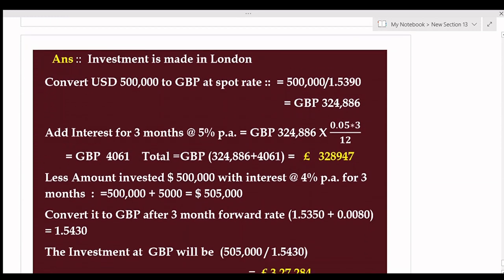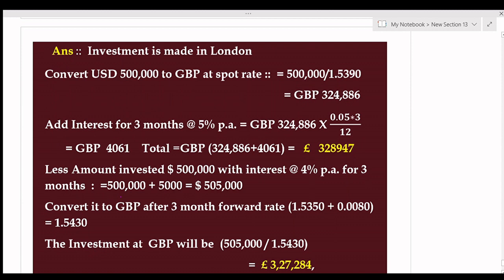Now, investment made in London. The fund is $5 lakh, so it will be converted to GBP. Here the rate is given as GBP USD, so it is an indirect quote, and it will be converted at the spot rate, that is 5 lakh divided by 1.5390, which is the ask price, that is equal to GBP 3,24,886.